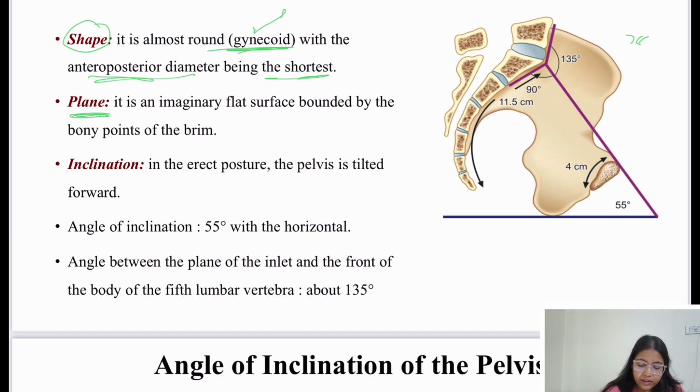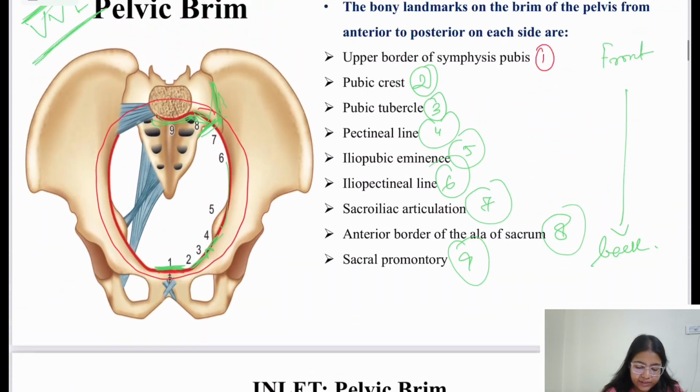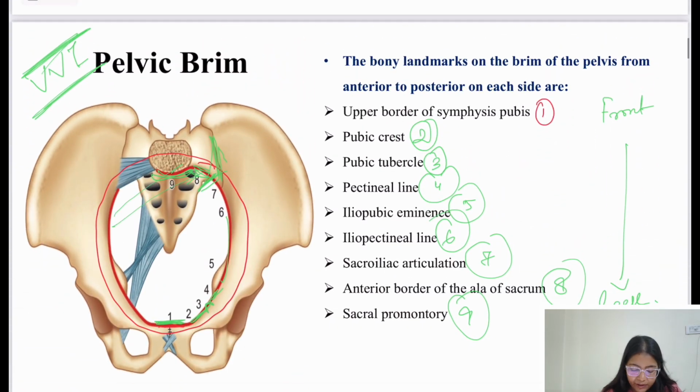And what is the plane? The plane of the inlet is an imaginary flat surface bounded by the bony points of the brim, as I have just told you a little while earlier. This is the imaginary plane which is bounded by these boundaries of the pelvic brim.